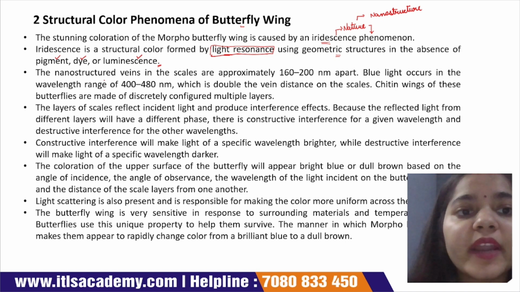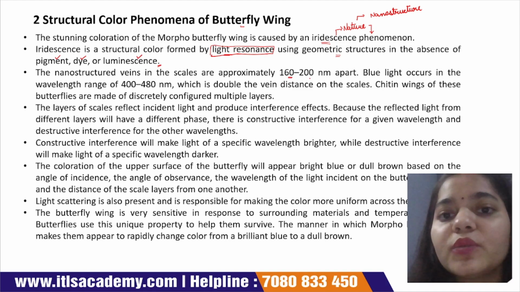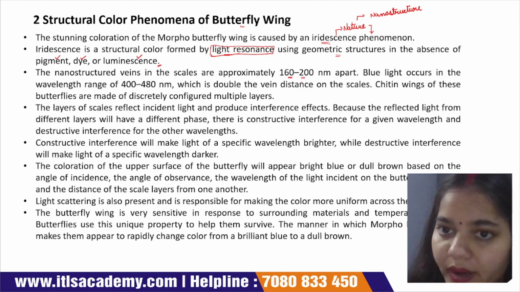The nanostructured wings in the scales are approximately 160 to 200 nanometers apart.